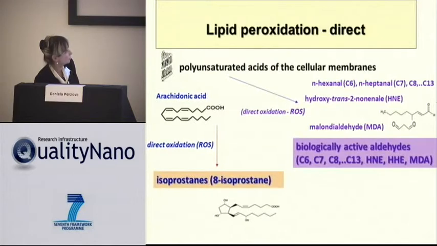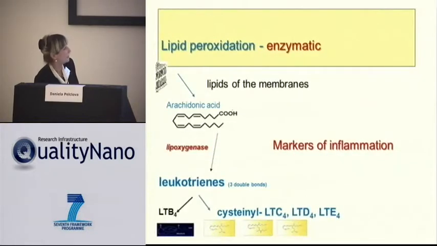And we can see also other lipids oxidized into aldehydes, either the more simple or more complicated. Then even the enzymatic oxidation of the lipid from the membranes can occur through the enzyme lipoxygenase, and these are usually also considered markers of inflammation.